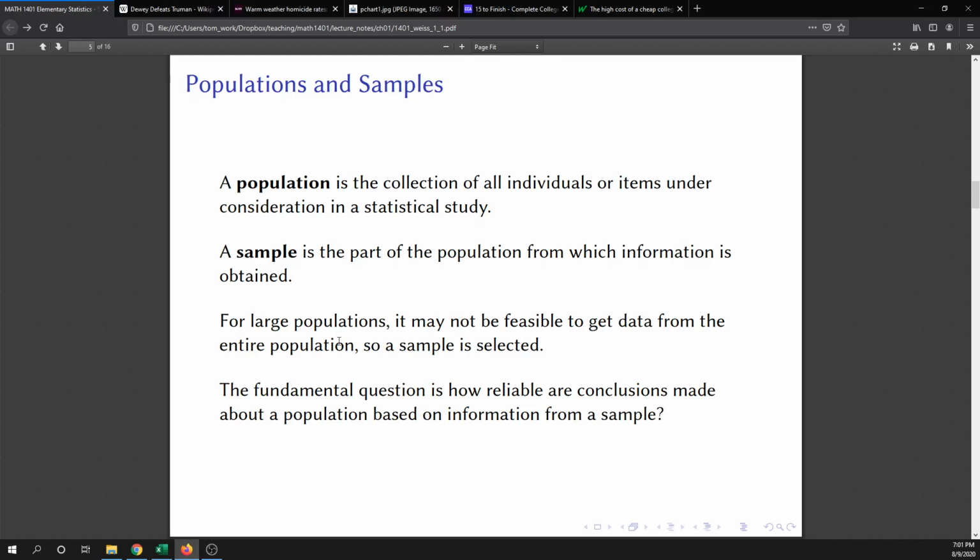So one of the critical things about statistics is, whenever you take a sample, how well does it reflect that population? If you're not careful about how you take the sample and the methods that you use, you might get information that doesn't really reflect the population at all.